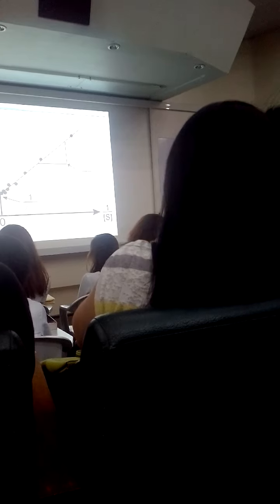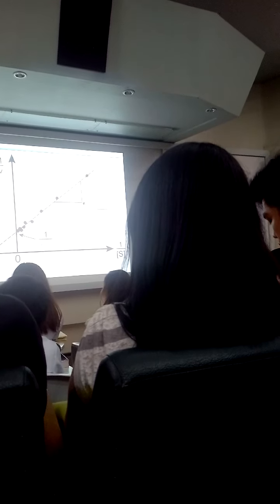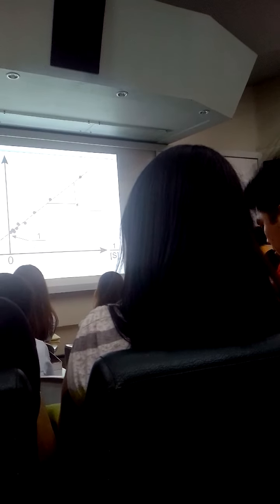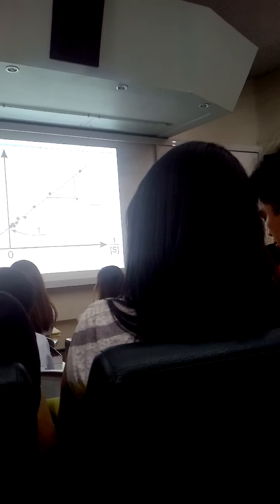So shifted up. Someone asked about uncompetitive behavior. What do you call this inhibitor? So what's an uncompetitive inhibitor? Your uncompetitive inhibitor acts like both a competitive and a non-competitive inhibitor.